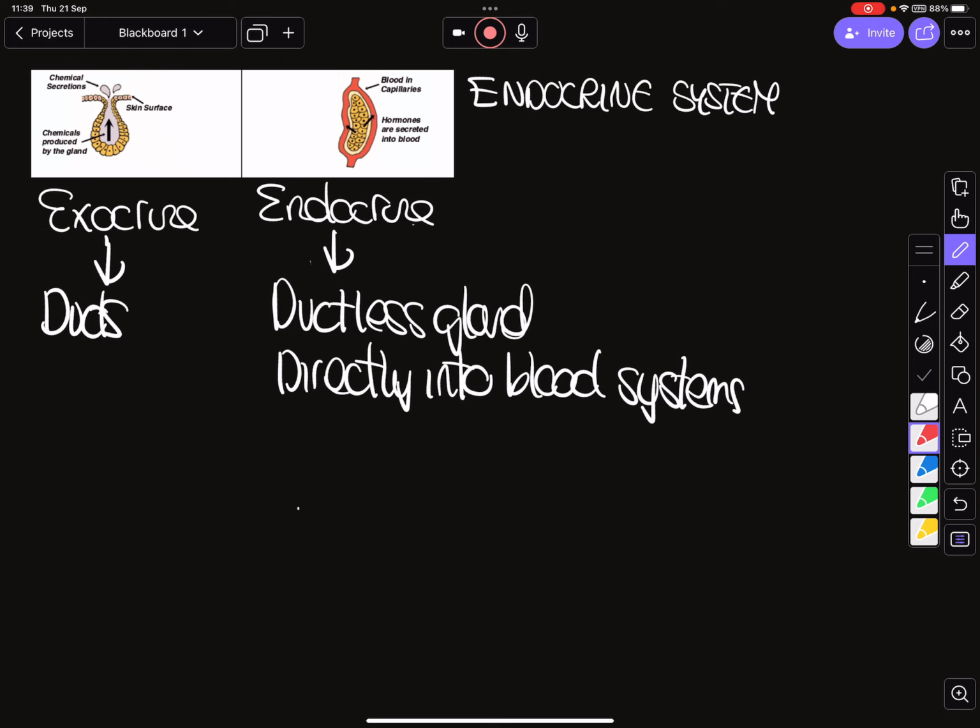So just as an example, this is a poor diagram up here, but when we do the skin, when you draw skin, this is your sweat gland, this would be your sweat duct, and you'd have an opening at the top, which would be your pore. When we do the digestive system, the pancreas, gallbladder, they secrete their stuff into ducts, and they all end up in the small intestine.